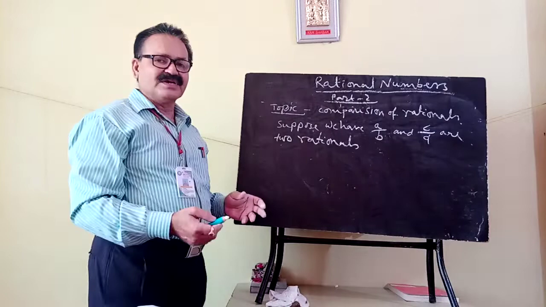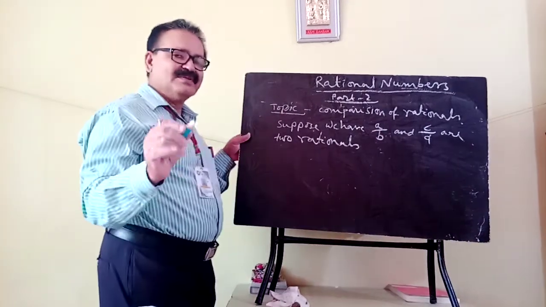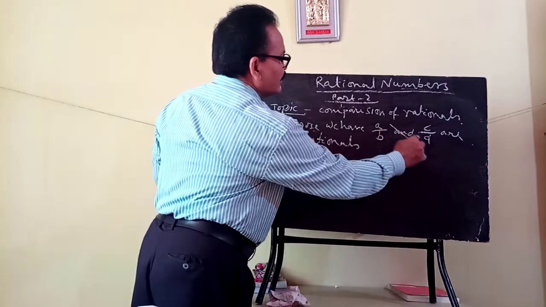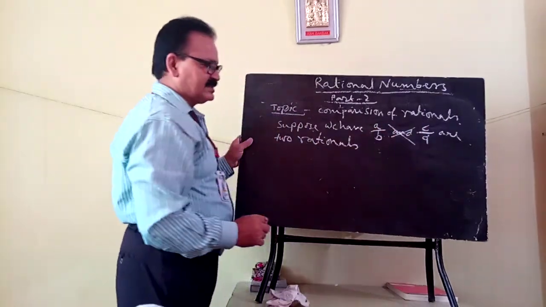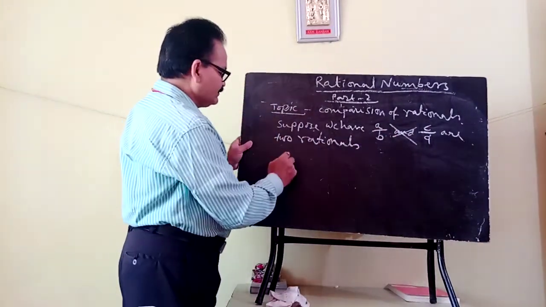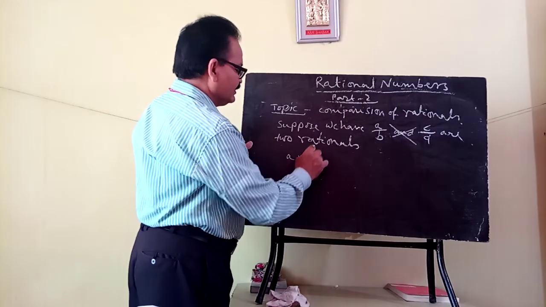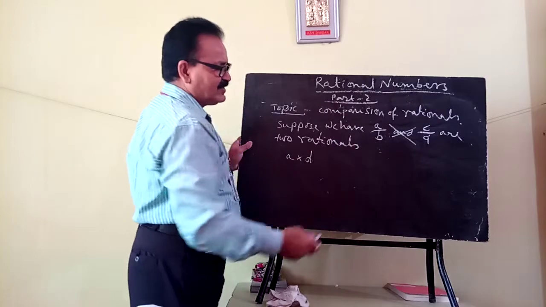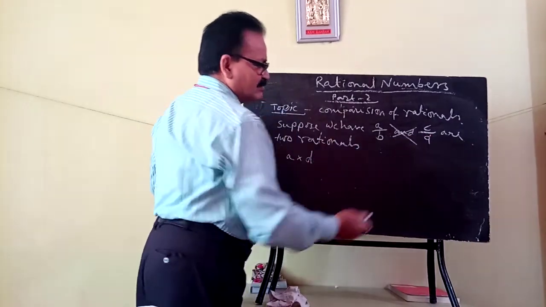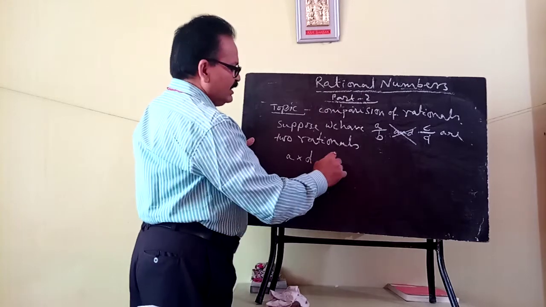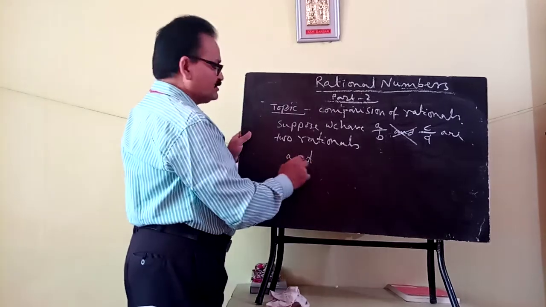Then how do we compare them? You just have to take a cross product. If we do a cross product in between these two rationals, what will happen? A and D: the numerator of the first will be multiplied with the denominator of the second rational, and these are the cross products.